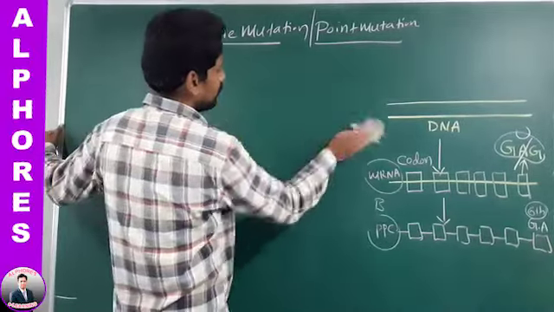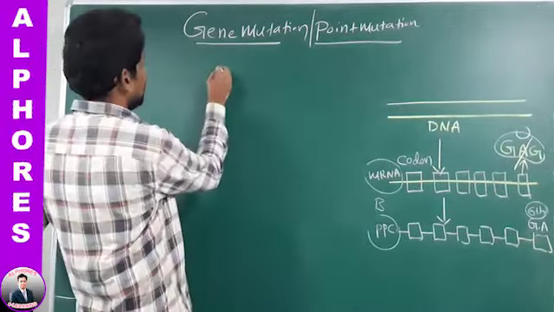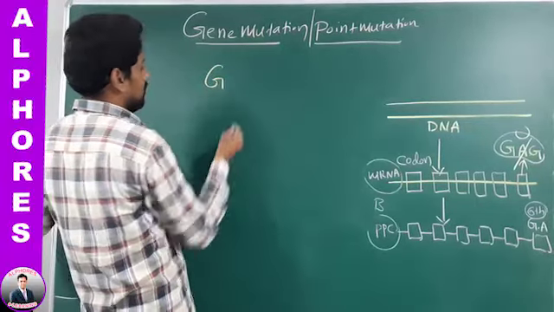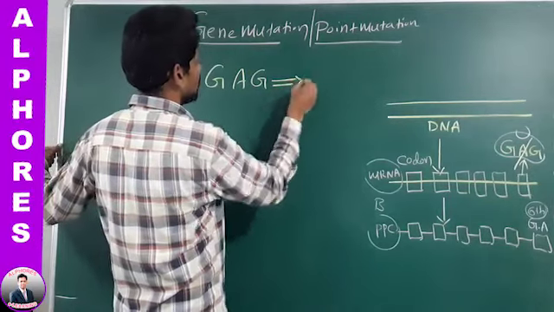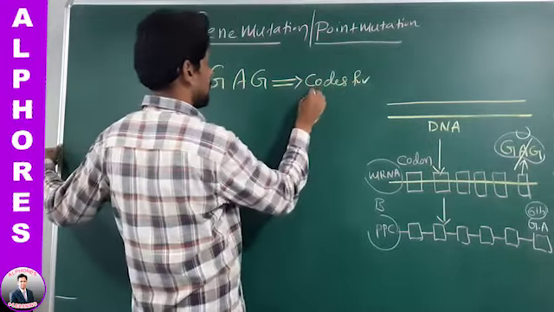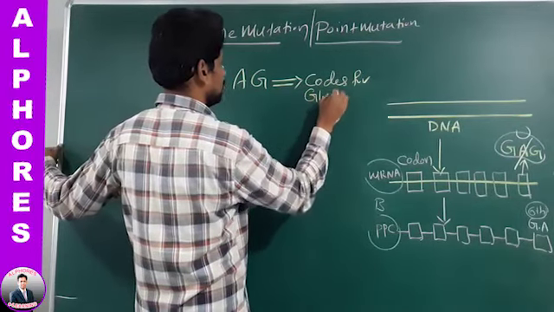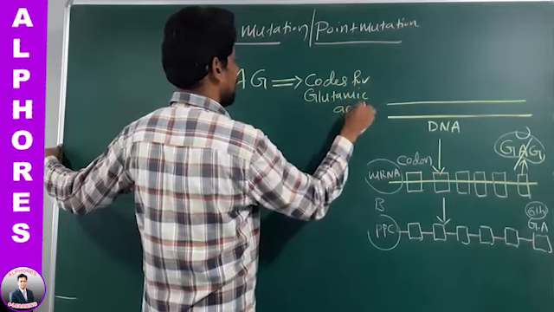Here you should remember one important statement that I told just now. GAG codes for which amino acid? Glutamic acid.